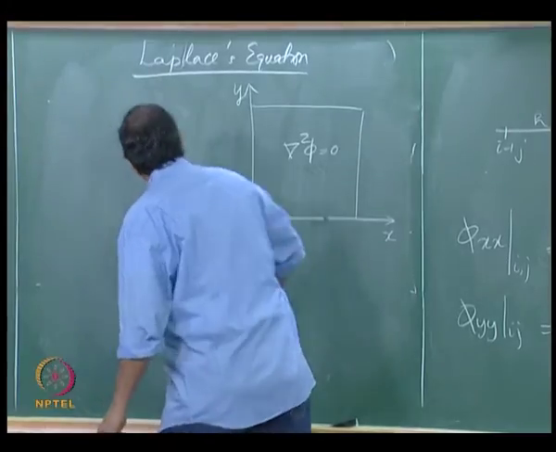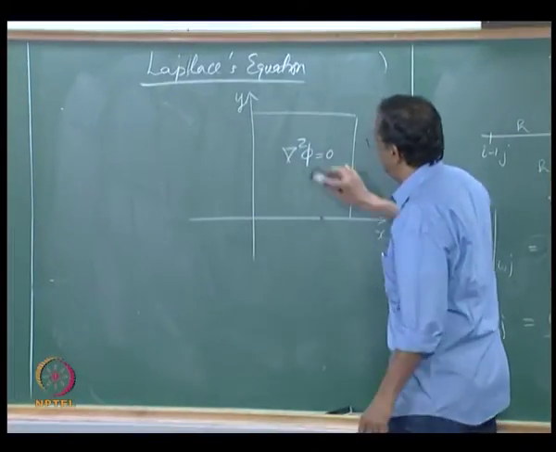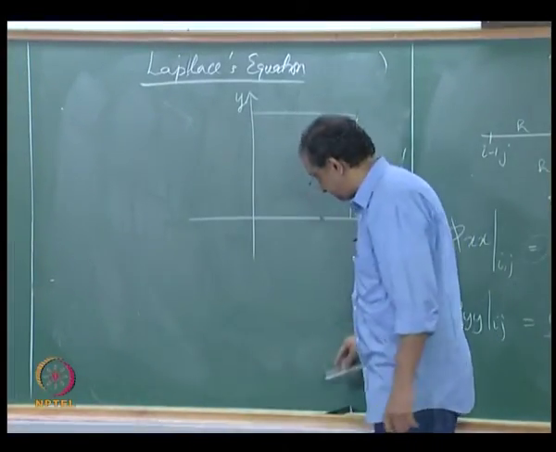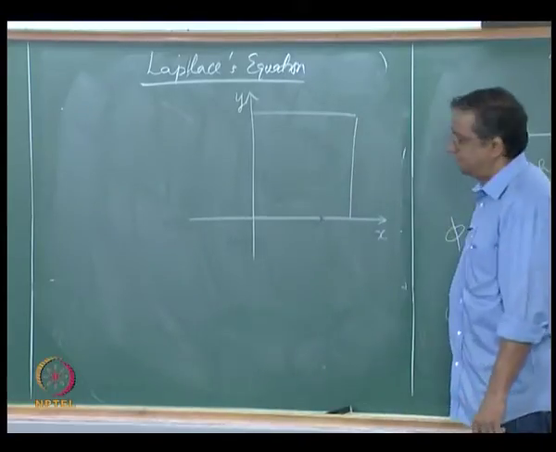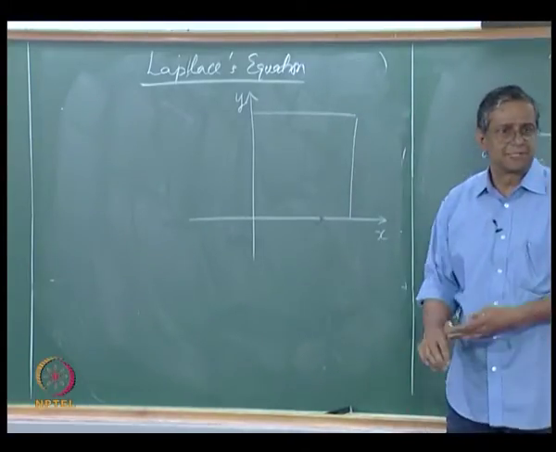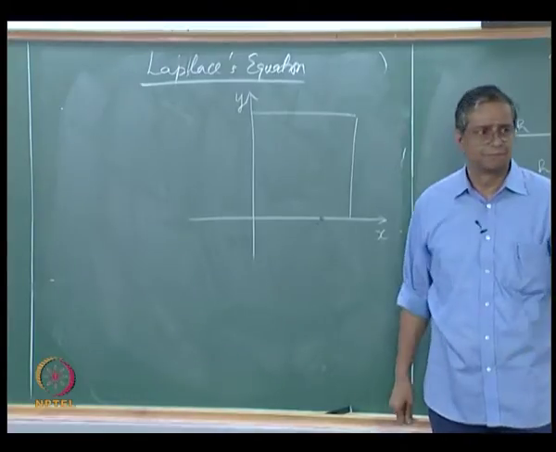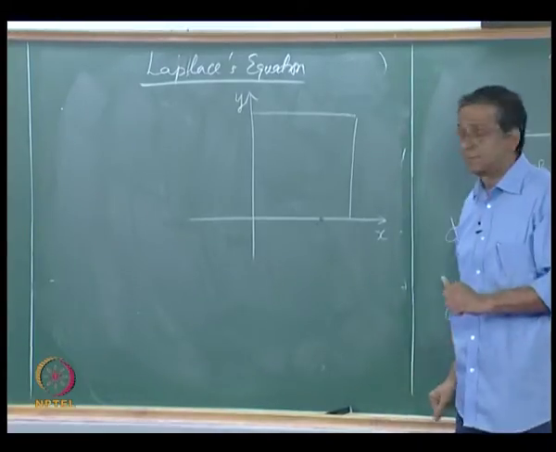What do we have? So this is a problem that we want to solve. We will make up a problem and we will see how we will go about solving it using what we have just derived.